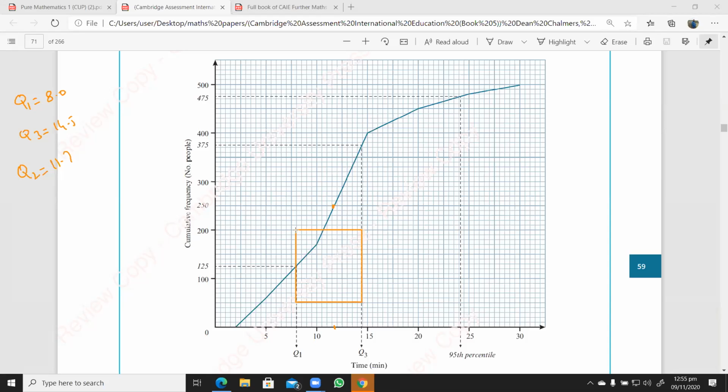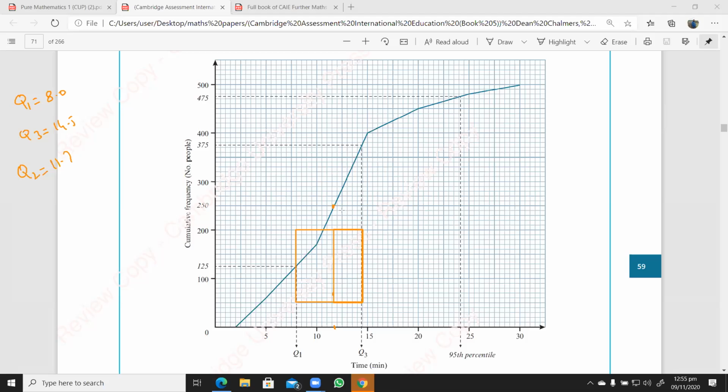Yes, this one is the upper quartile. And the median is here. So this box goes like this.